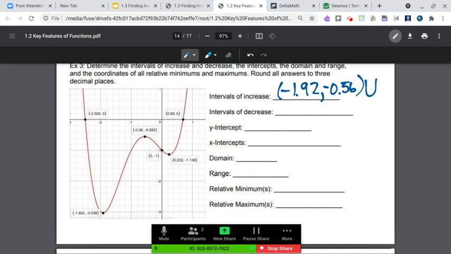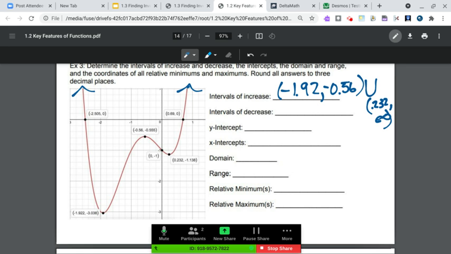And where would that be? 0.232 to 0.69. Okay, so remember 0.232 and see how it's kind of just going up? Going up toward positive infinity. You got it.